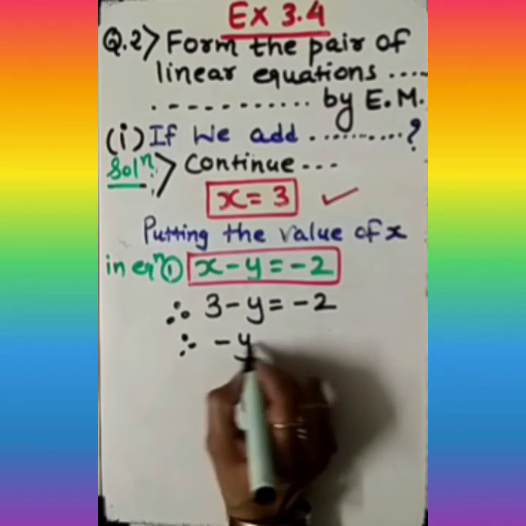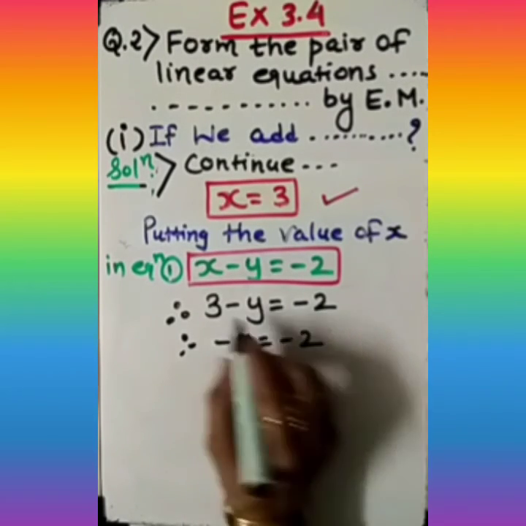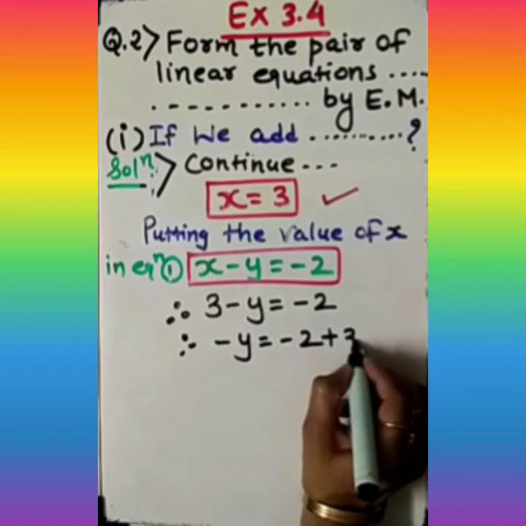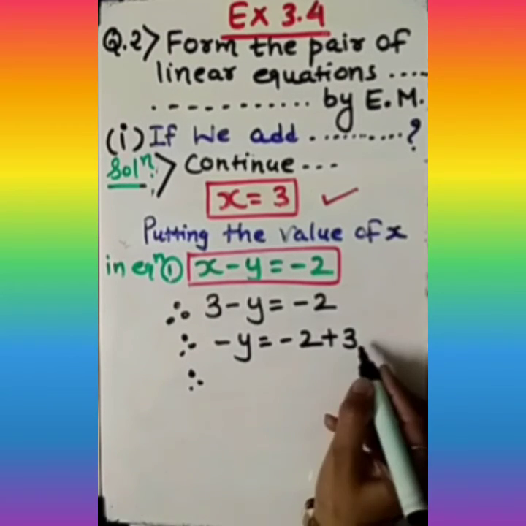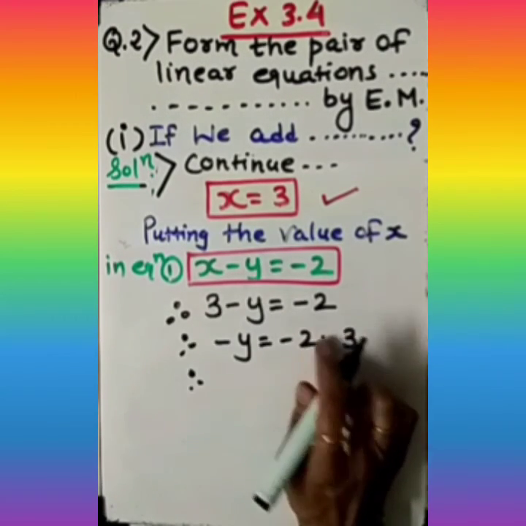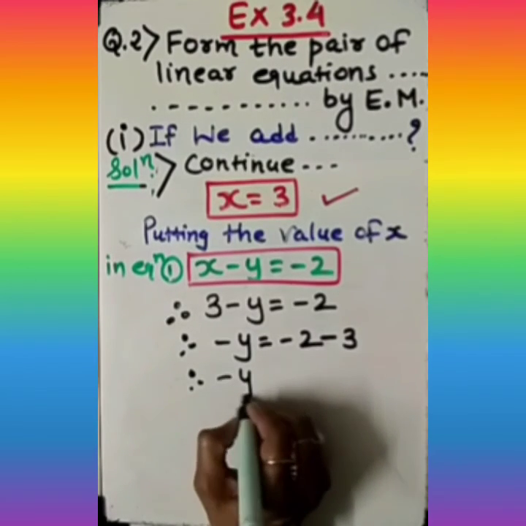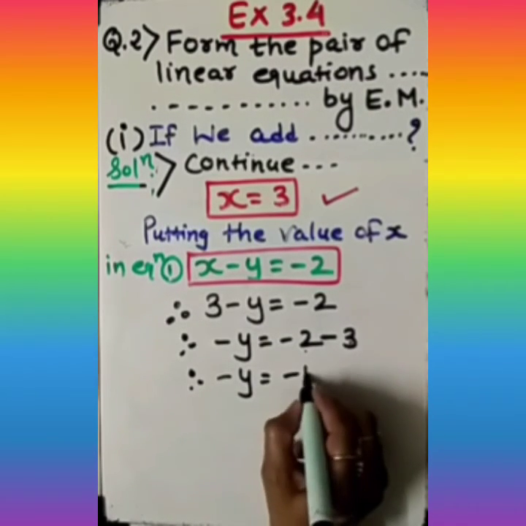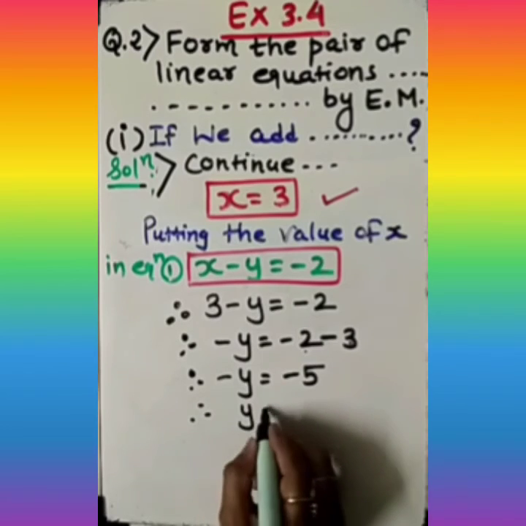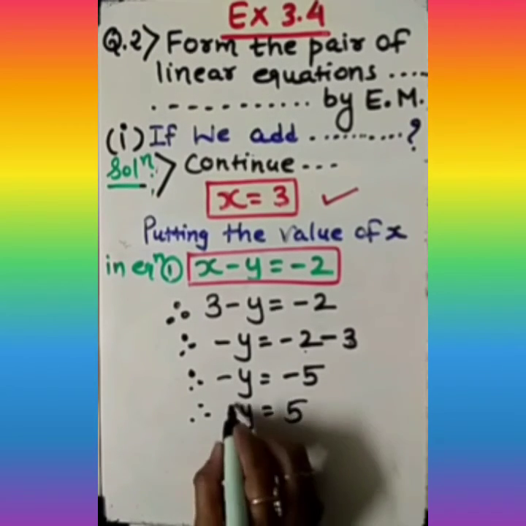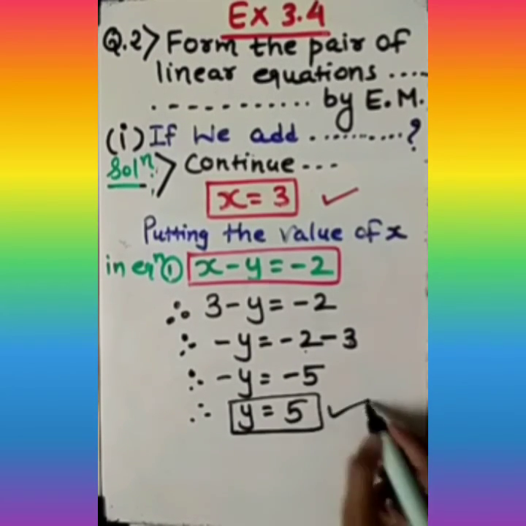Therefore minus y equal to this minus 2, and this will go to that side, it gives the result plus. This is plus already, so this will become minus. So minus 2 minus 3 is minus 5. Therefore finally both sides' minus minus cancel, so the value of y is 5.